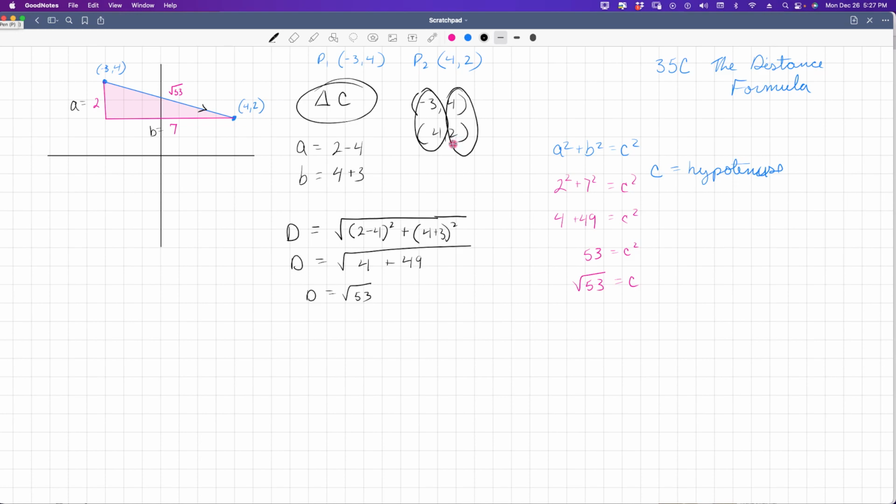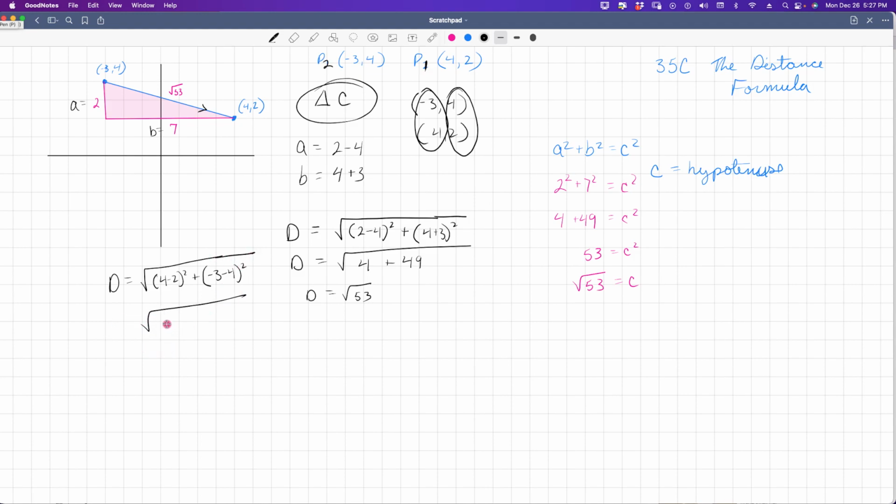And to prove that point, we're going to reverse this and see that we get the same value. So D is equal to the square root of, so I'm going to reverse this, and I'm going to pretend that this is point 2 and this is point 1. And I'm going to say 4 minus 2 squared plus negative 3 minus 4 squared.